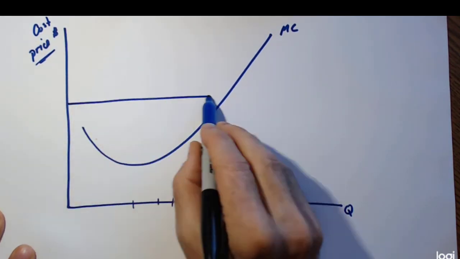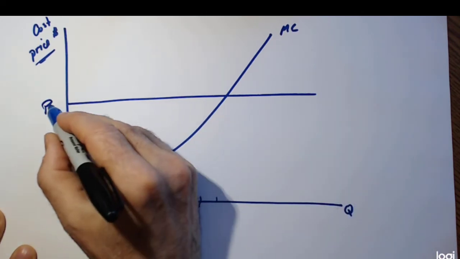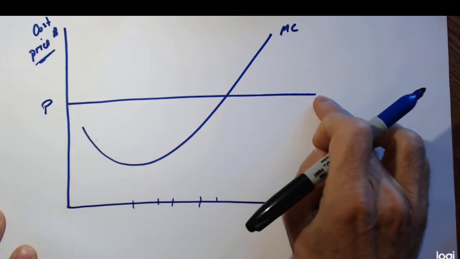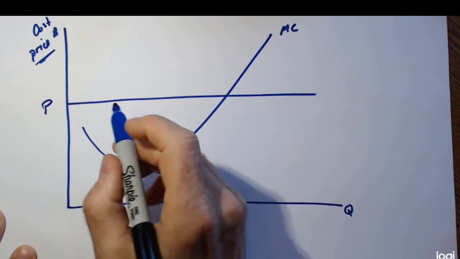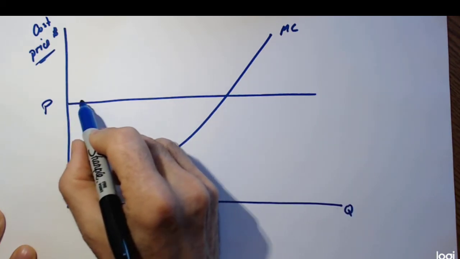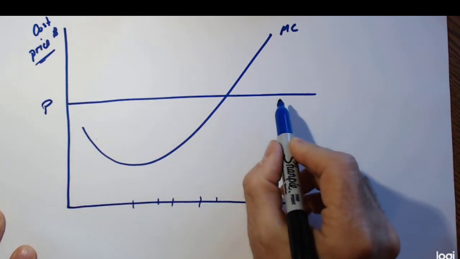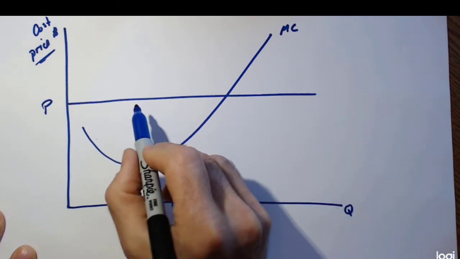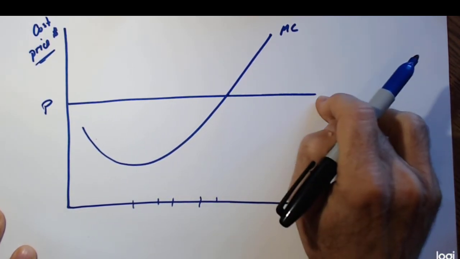Looks something like this. So here would be the price. When you have a price that's flat, and that's the demand curve, what it's saying is you can sell as much as you want at this fixed price, and we're going to assume that in theory, this is your marginal revenue and your demand curve all in one.